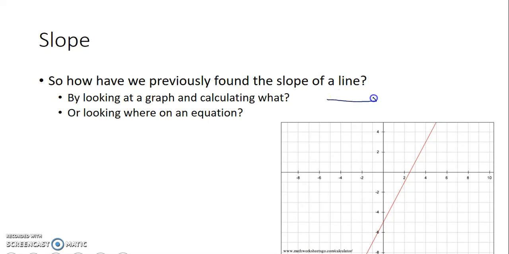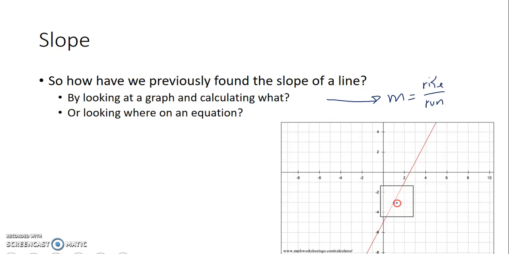Right, I'm glad you remember. m equals rise over run, right? Okay, so the S is not that great there, but that's okay. So rise over run.